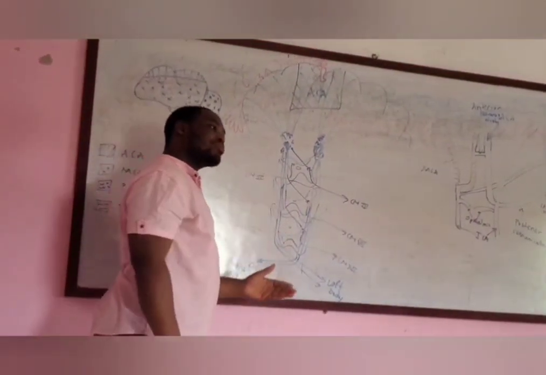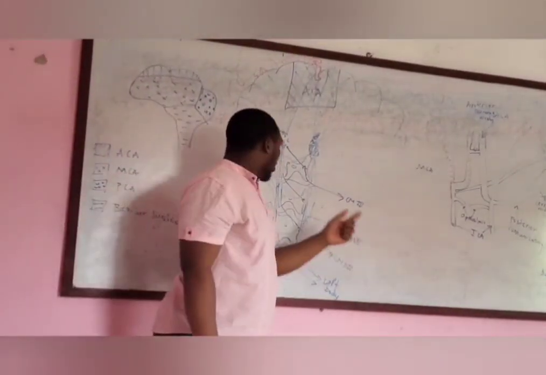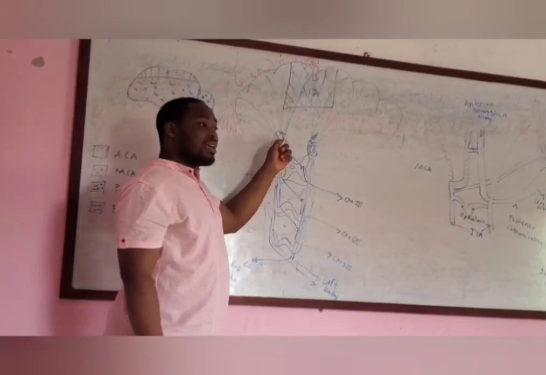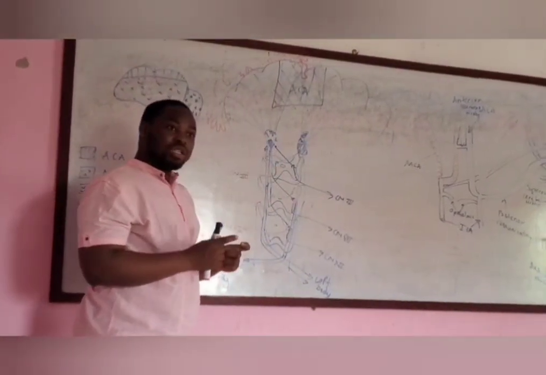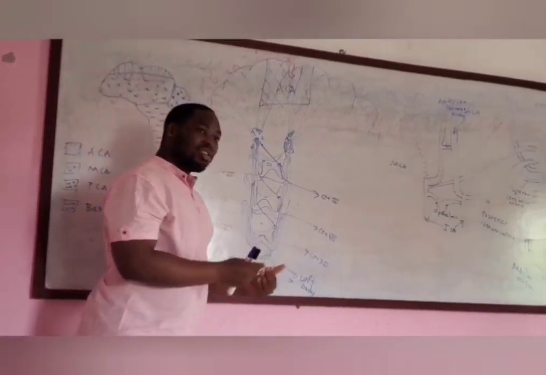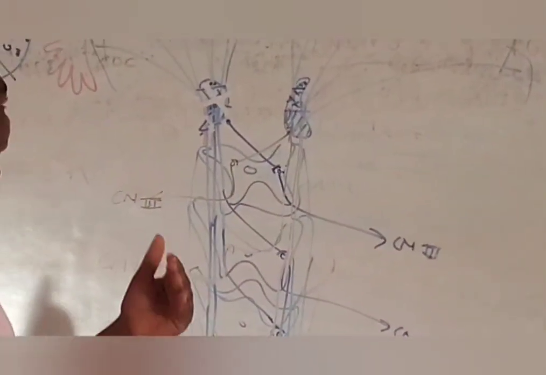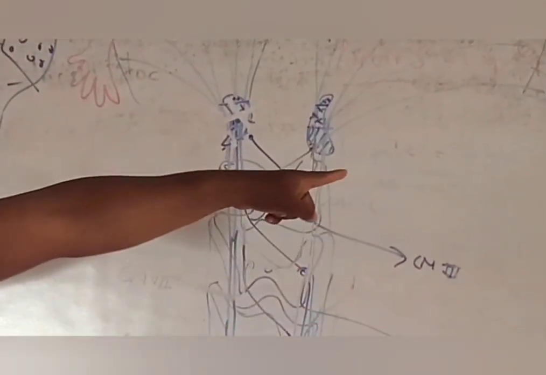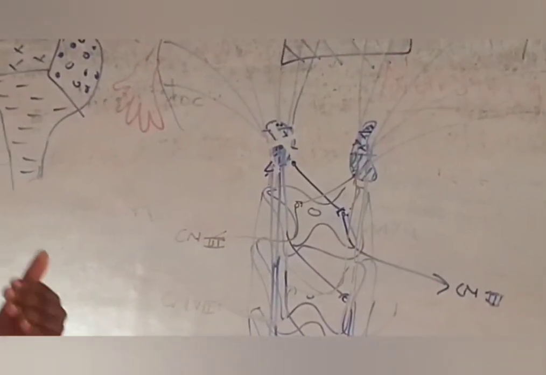The internal capsule is divided into three: the anterior, the middle part which is called the genu, and the posterior part. Now, the anterior horn is supplied by what? It's supplied by the anterior cerebral artery. The posterior horn is supplied by the posterior cerebral artery.